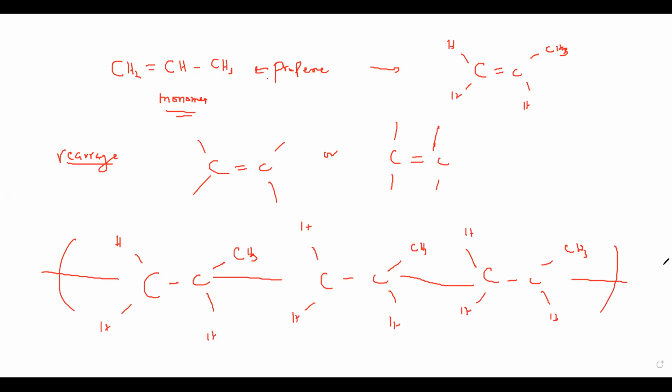At the last we will put n. So if you have n molecules of the monomer, this will continue and form the long chain compound. This is called propene. The polymers are named after the monomer, so that's called polypropene.